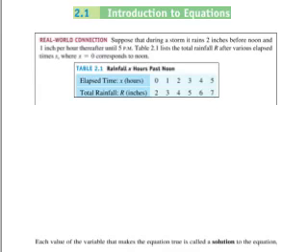So here, X equals 0, that's the same as 12 noon. So each hour after that, 1 o'clock is 1, 2 o'clock is 2, 3 o'clock is 3, and so on. And then the total rainfall is 2, 3, 4, 5, 6, and 7 inches.